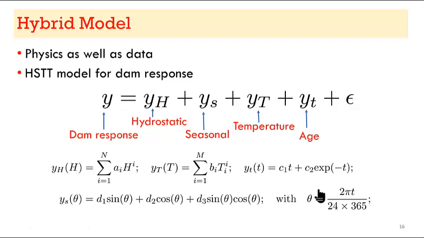These ideas come from the physics of the process, and then we use data to calibrate this model. So this is an example of a hybrid model, where you use the physics of the process as well as a little bit of data to calibrate the model, and in future you can use this model for prediction and reliability assessment.